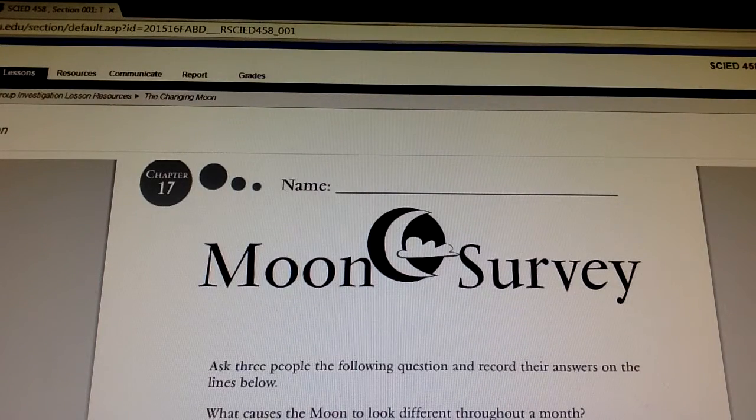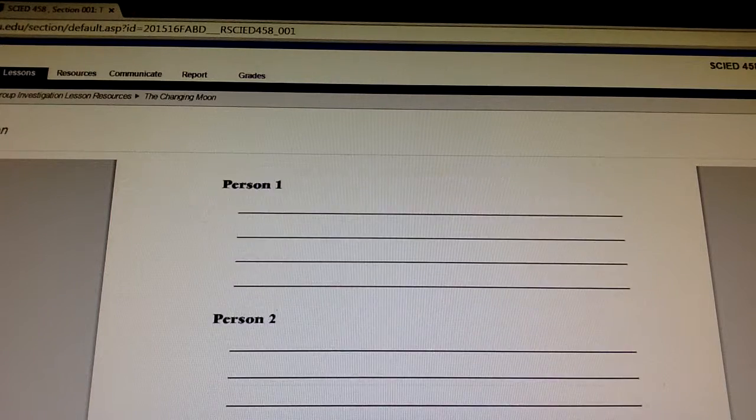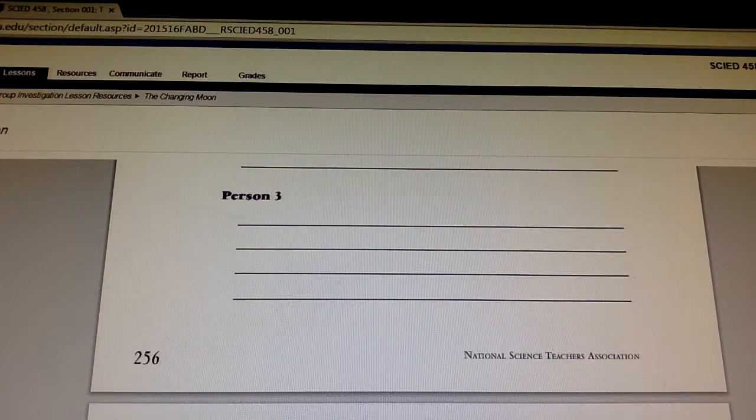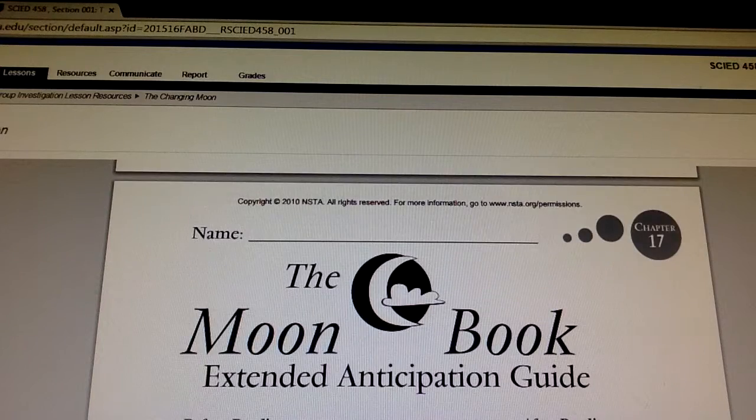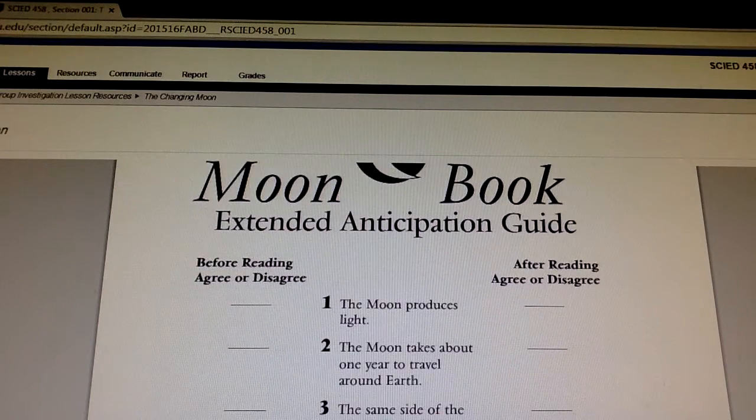There's also several other different worksheets and activities that the students will be able to do to show their understanding of what's being taught in regards to the moon. There's different ways that they can process their knowledge before learning a certain idea about the moon cycles, and then after reading an article or doing a discussion about it.